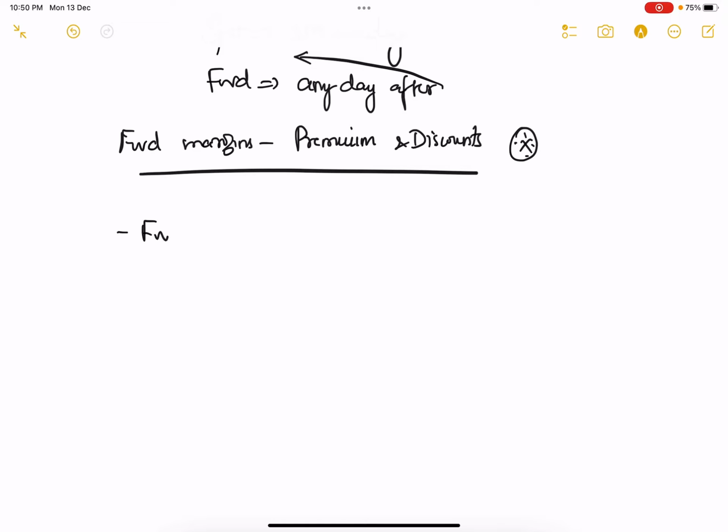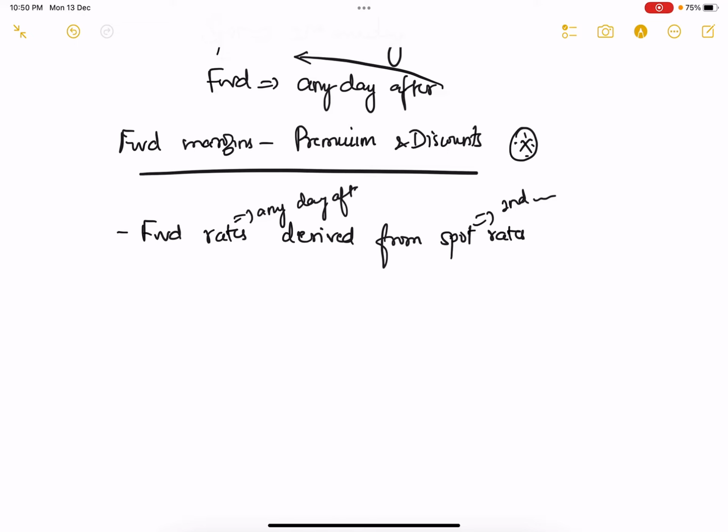We know that forward rates are derived from spot rates, because spot rate is the second working day and forward rate is any day after the second working day. So only if spot date is fixed, forward rates can be calculated.